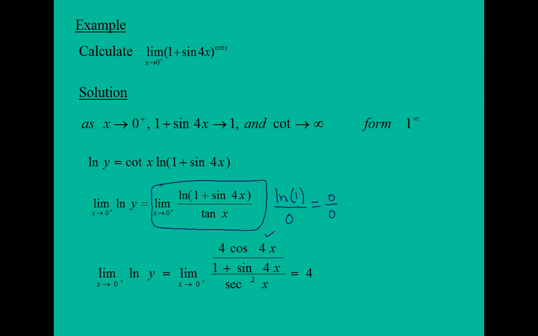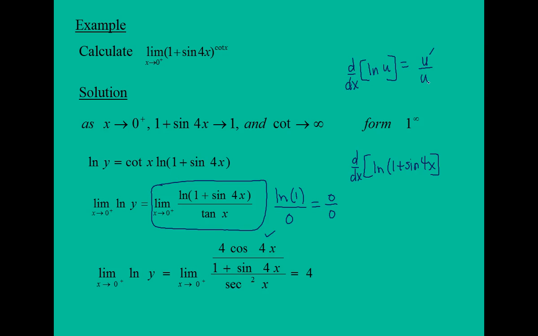Now, remember the derivative of the numerator. If we're looking for the derivative of ln of 1 plus the sine of 4x, the general rule for the derivative of ln of u is u prime over u.